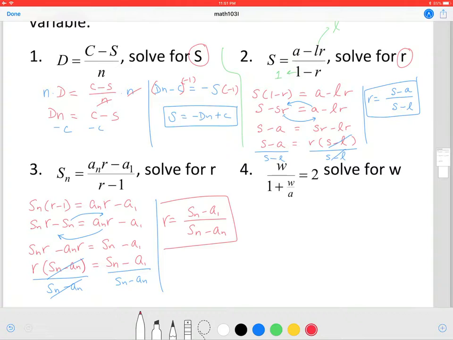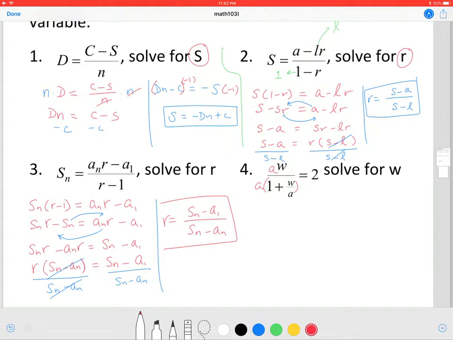Now number 4 looks pretty ugly. We got what is called a complex fraction on the left hand side, and what I'm first going to do is simplify this complex fraction just on the left hand side. And what I'm going to do is multiply, not both sides, top and bottom by a.